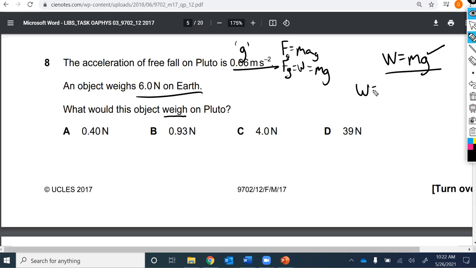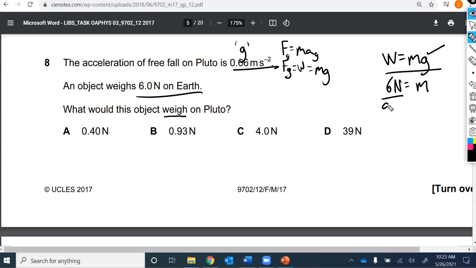So let's use this weight equation here on Earth, where we know there is 9.81 newtons per kilogram, or 9.81 meters per second squared of acceleration of free fall. If the object weighs 6 newtons on Earth, right, that's the force, that's the weight, then we're solving for the mass by dividing each side by g.